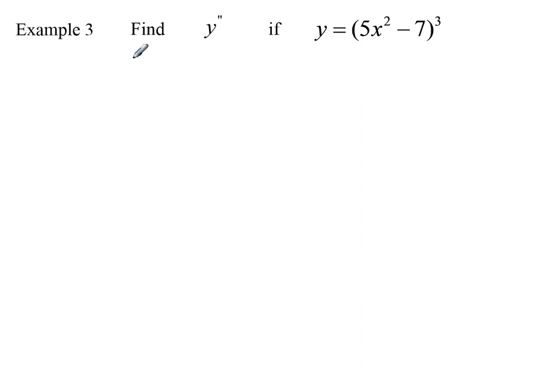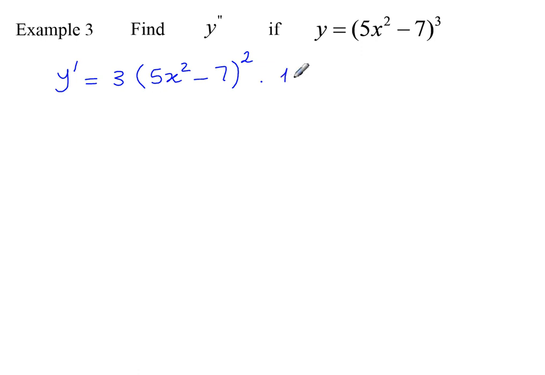Another example. Find y double dash if y equals 5x squared minus 7 all to the power of 3. Again, this is a bracket raised to a power, so to differentiate this we will have to use the function of a function rule. To find the first derivative, y dash is equal to the power, 3, times 5x squared minus 7 to the power of 2, times the derivative of what's inside the bracket.